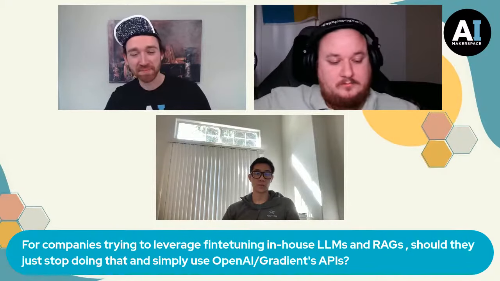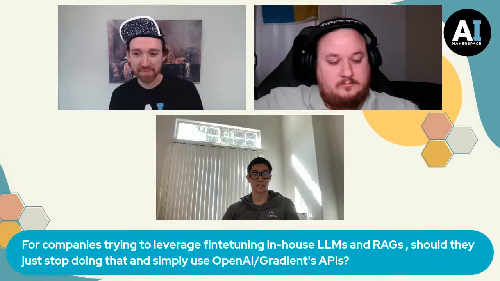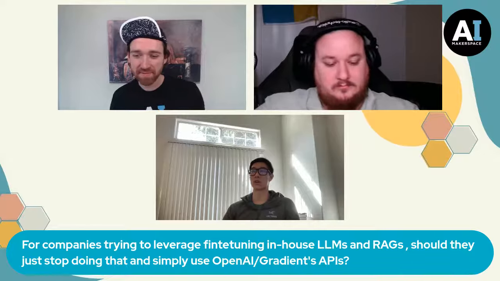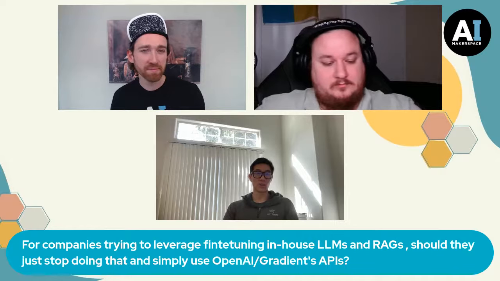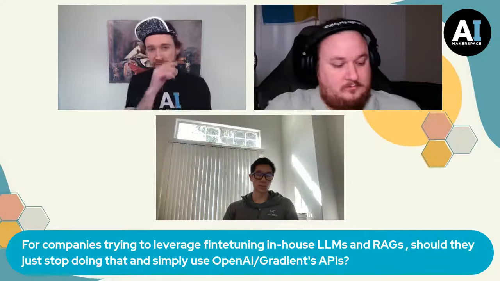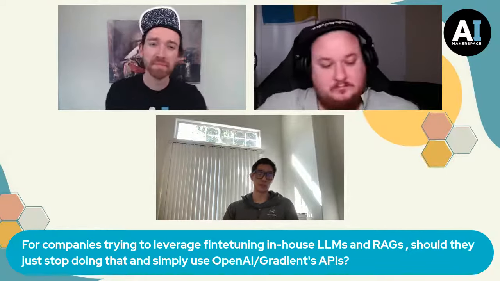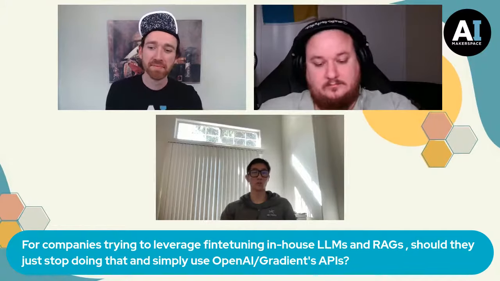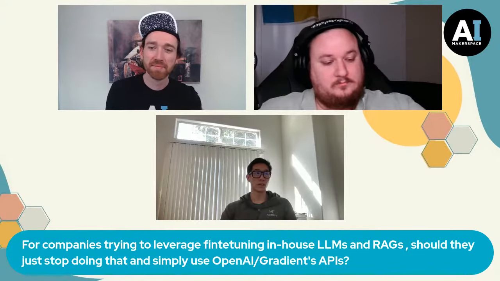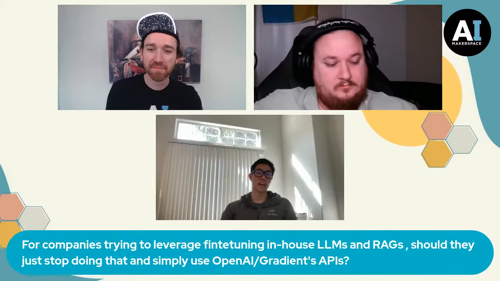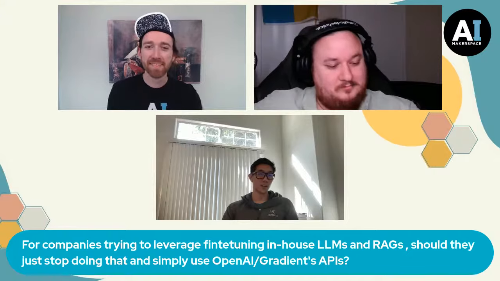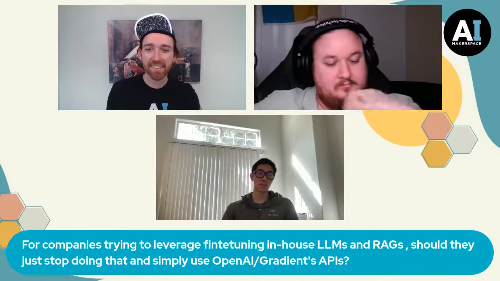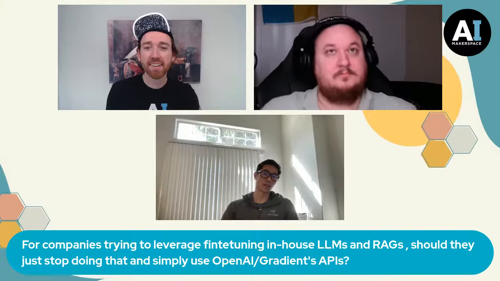And my belief is, what is the velocity at which you're trying to ship? If your core competency isn't trying to be a fine-tuning platform or an AI research company, then you should be building product and leverage the tools that you can do that with, because even having to maintain the entire suite of AI tools themselves, the burden is sort of on us as Gradient.